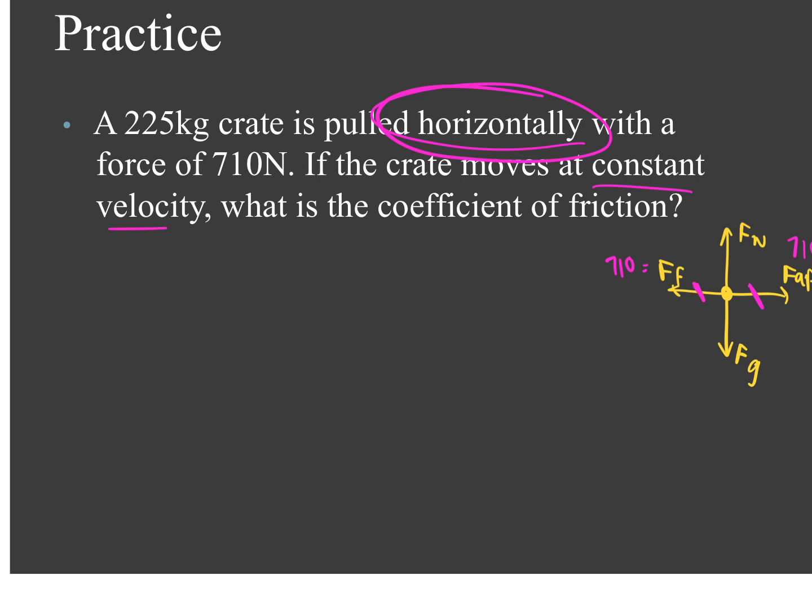And then what do I know about my vertical forces here? They're equal as well, but are they equal to my horizontal? No. So I might put two congruency lines to show that they're equal to each other, but they're not equal to horizontal. And so now I'm going to find FG as 225 times 9.8.